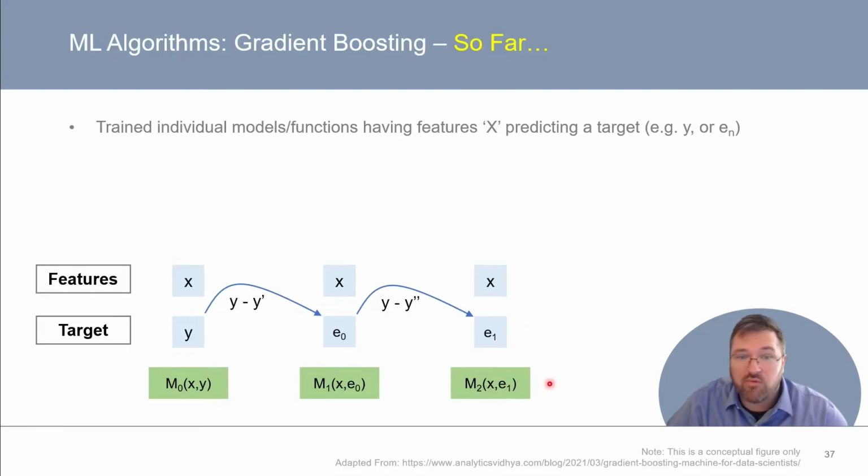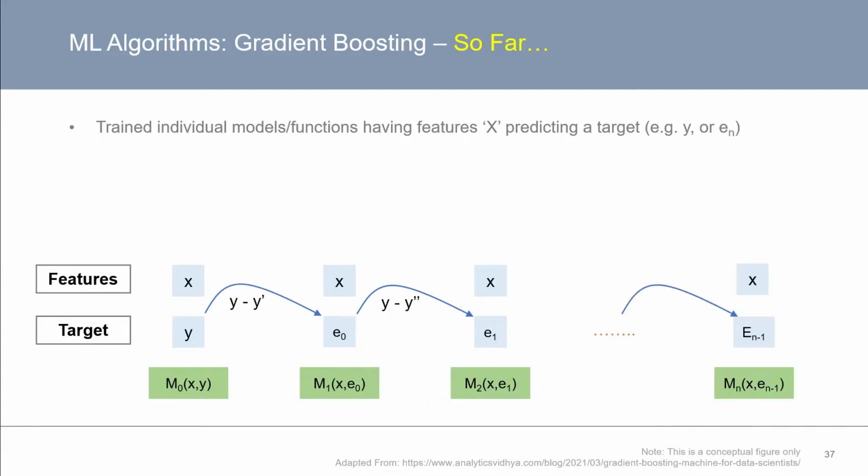Then again, we move on to train yet another weak model predicting this new set of errors, which we call M sub 2. And this process continues until we've trained our last weak model, labeled here as M sub n, which again is using the features, labeled as X, to predict the previous errors.